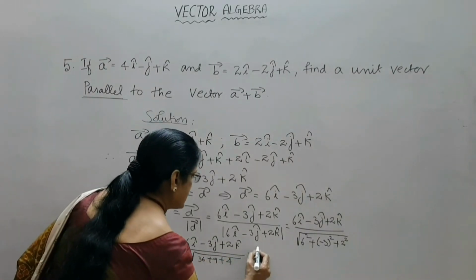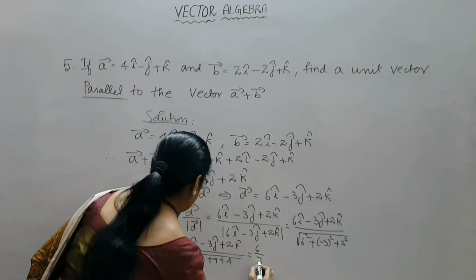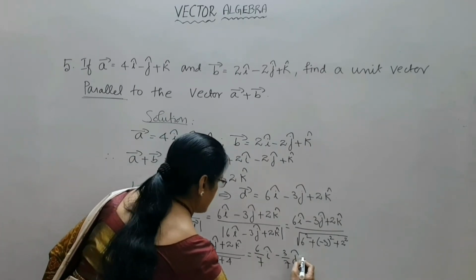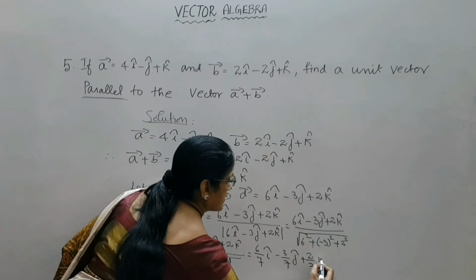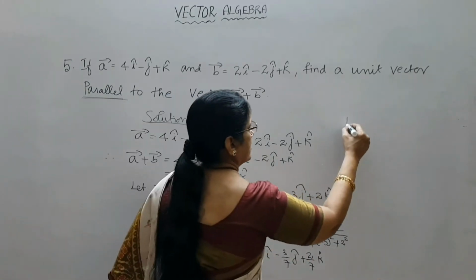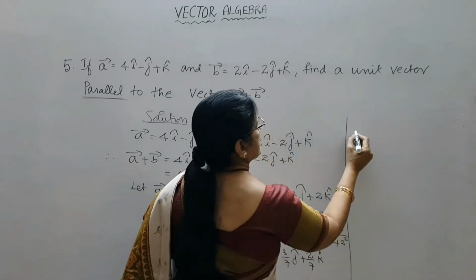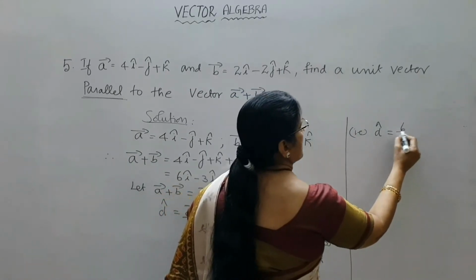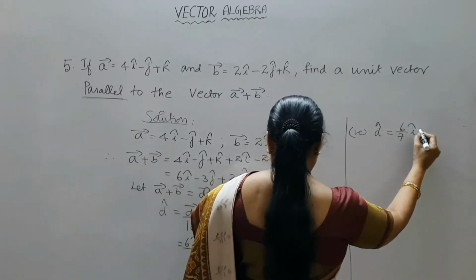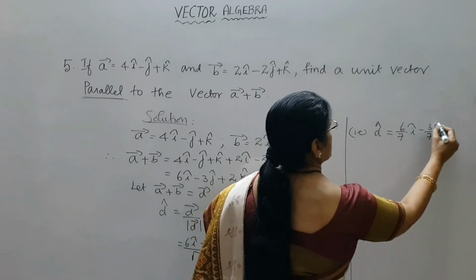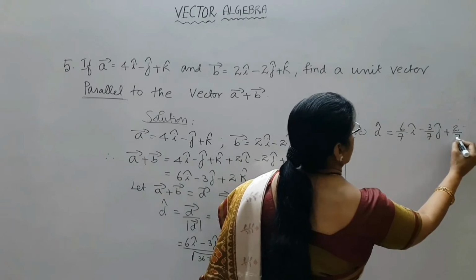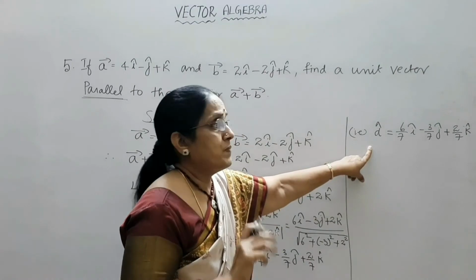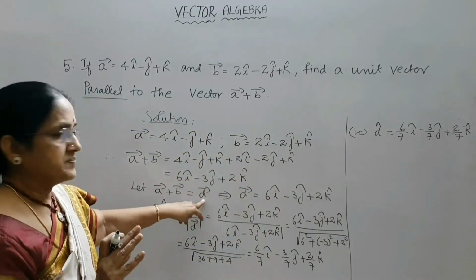So, I can write this as 6 by 7 i cap minus 3 by 7 j cap plus 2 by 7 k cap. So, your d cap is equal to 6 by 7 i cap minus 3 by 7 j cap plus 2 by 7 k cap. You have found out the unit vector parallel to the vector d.